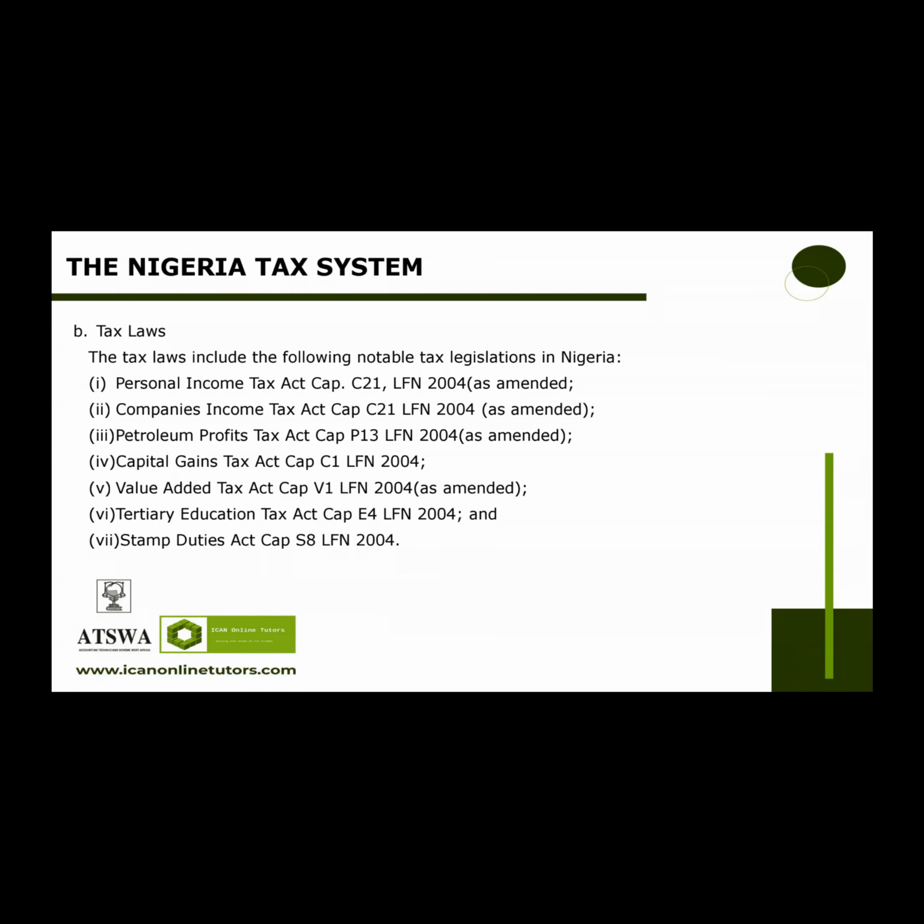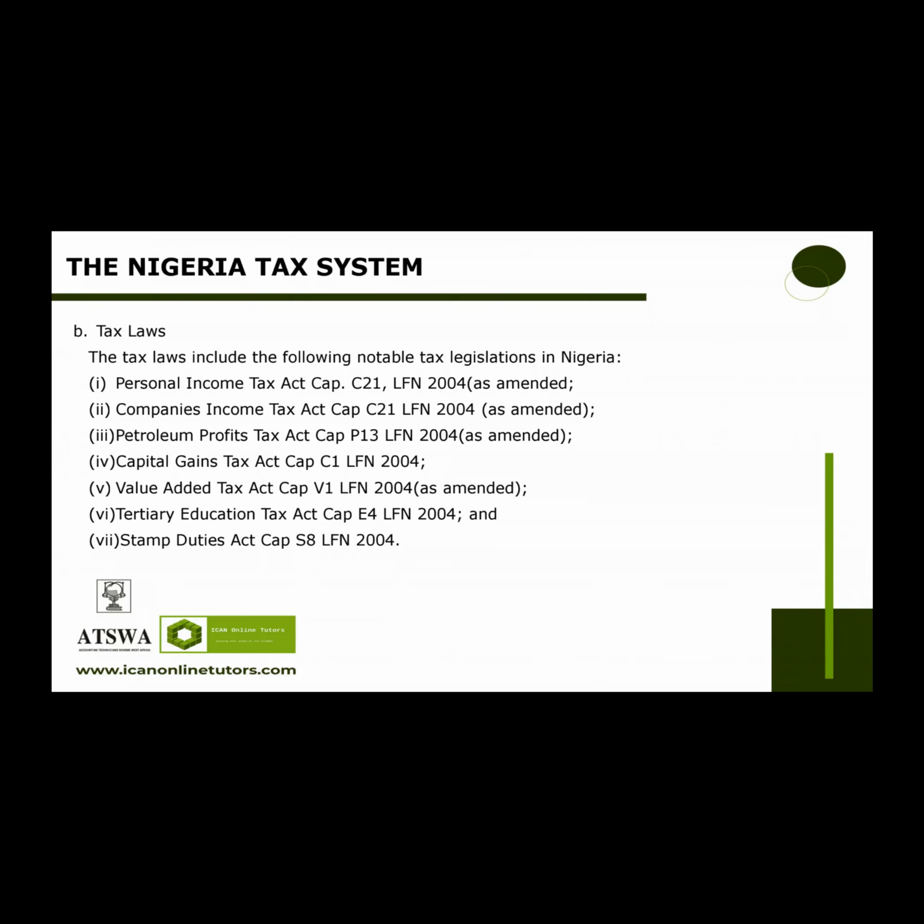In Nigeria, we have the Personal Income Tax Act, Cap C21, Law of Federation of Nigeria 2004, as amended. We have the Companies Income Tax Act, Cap C21, Law of Federation of Nigeria 2004, as amended. We have the Petroleum Profits Tax Act, Cap P13, Law of Federation of Nigeria 2004, as amended.